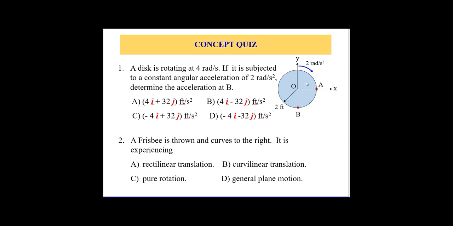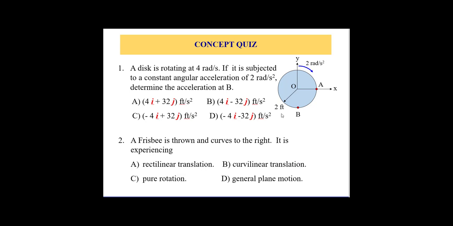The second component is the normal, which is pointing from B going to the O, and that is in the positive J direction. The magnitude is equal to R omega squared.